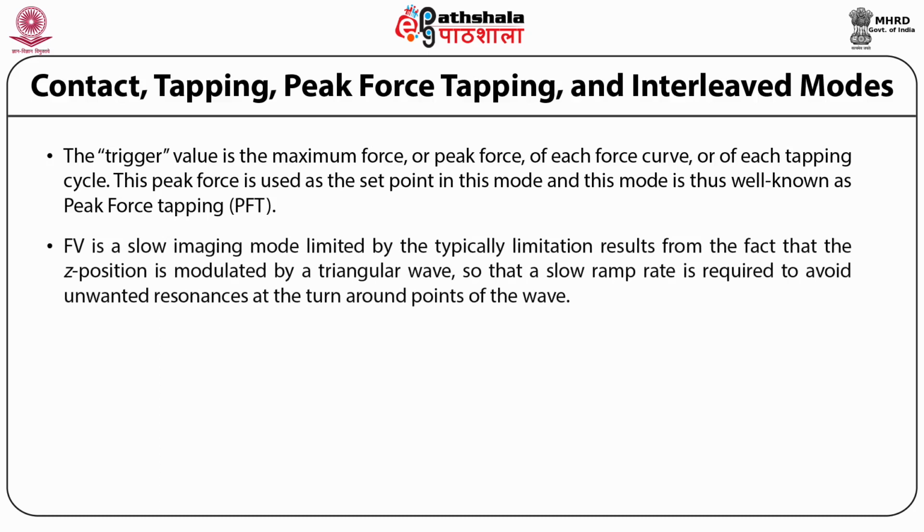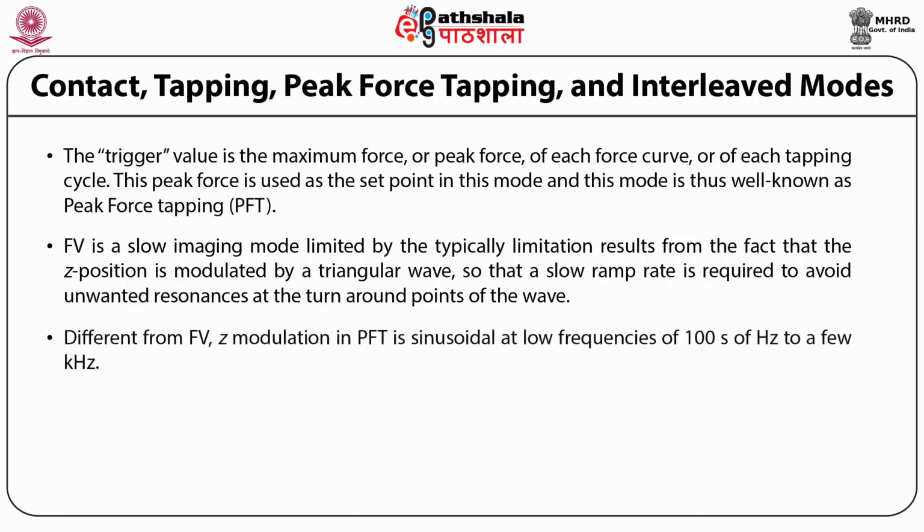FV is a slow imaging mode, limited by the fact that the Z position is modulated by triangular waves, so a slow ramp rate is required to avoid unwanted resonance at the turnaround points of the wave. Different from FV, Z modulation in PFT is sinusoidal at low frequency, from hundreds of hertz to a few kilohertz.